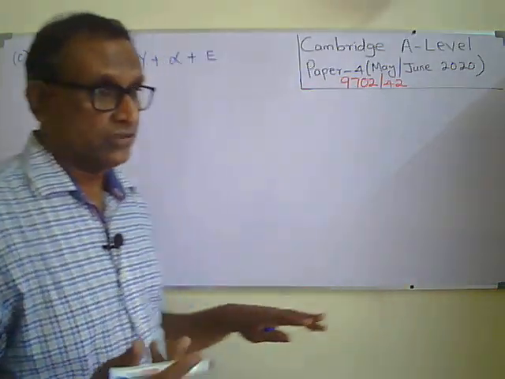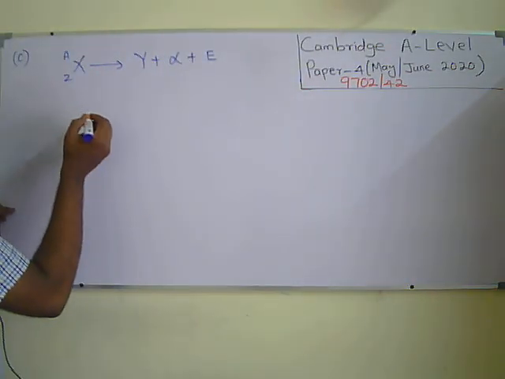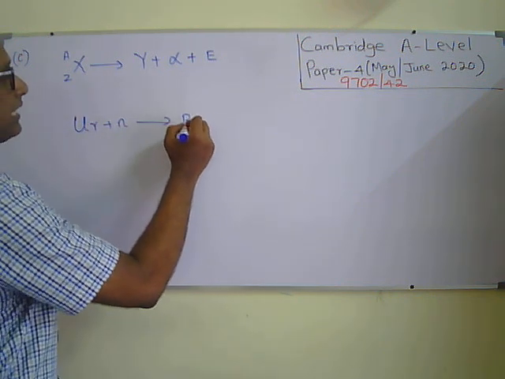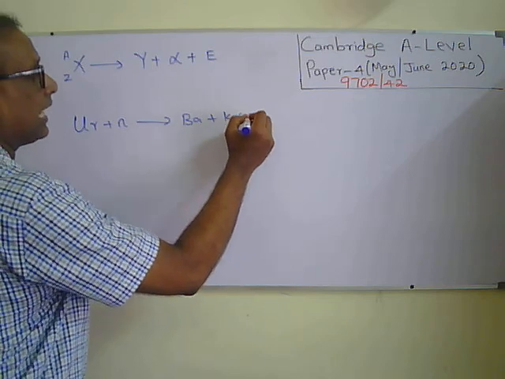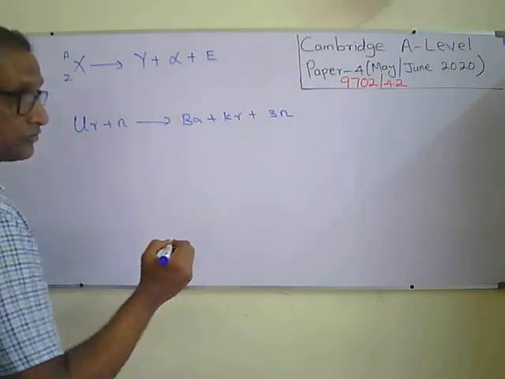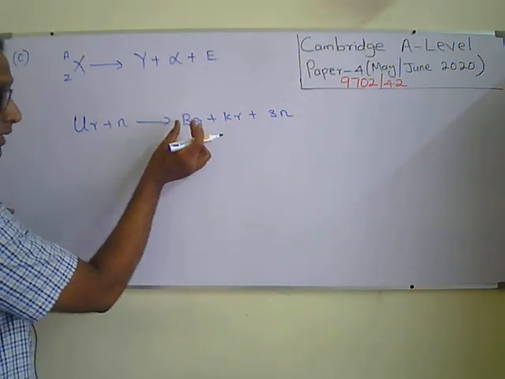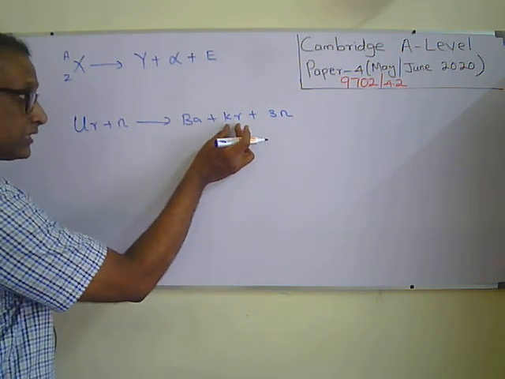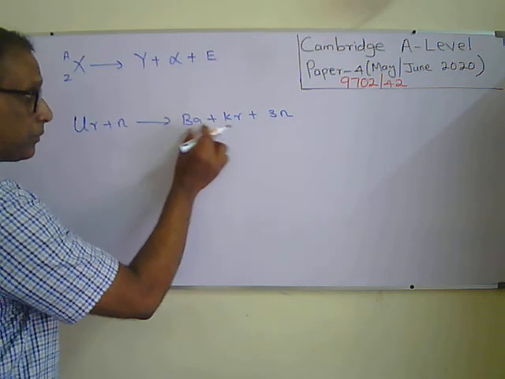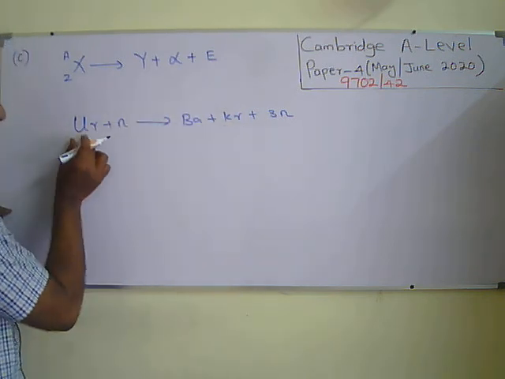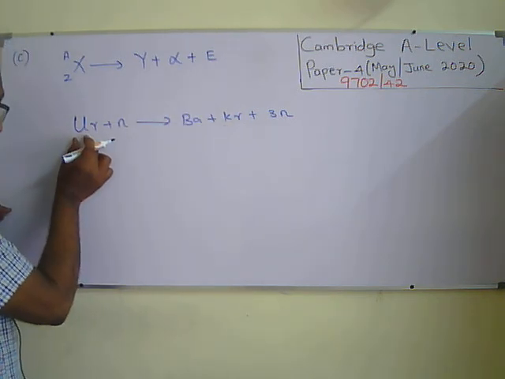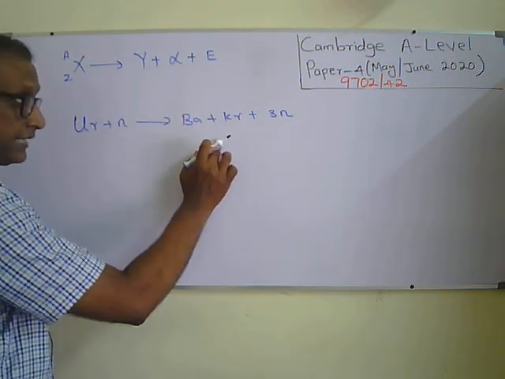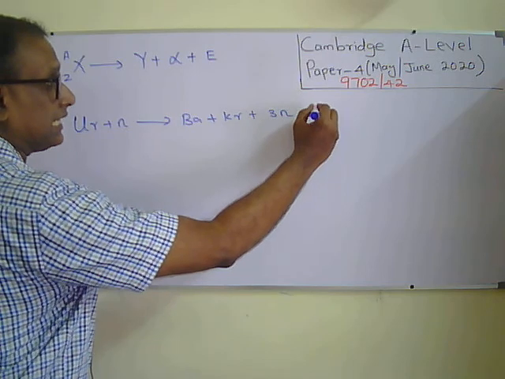In fission, if uranium is bombarded by a neutron, it forms barium, krypton, and 3 neutrons. Here also, the binding energy per nucleon of the barium and of the krypton will each be larger than that of the uranium. That's the reason this reaction happens with the release of energy.